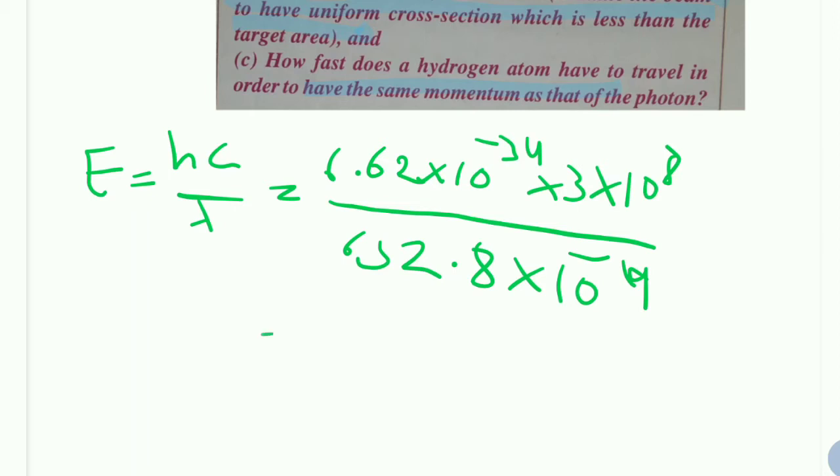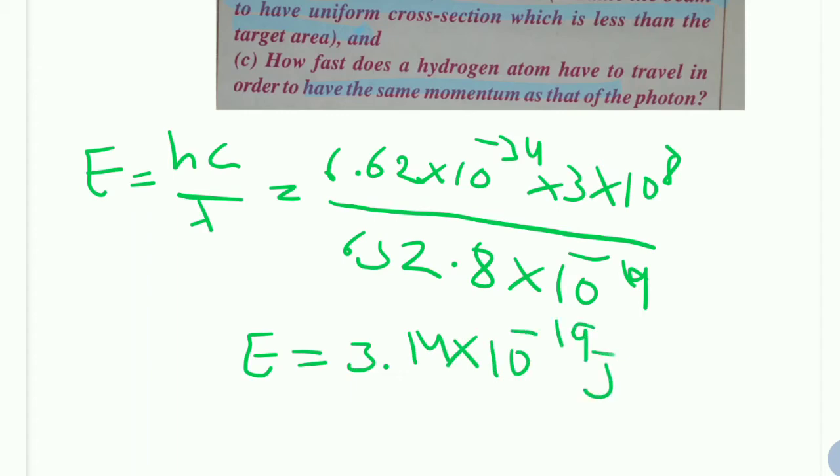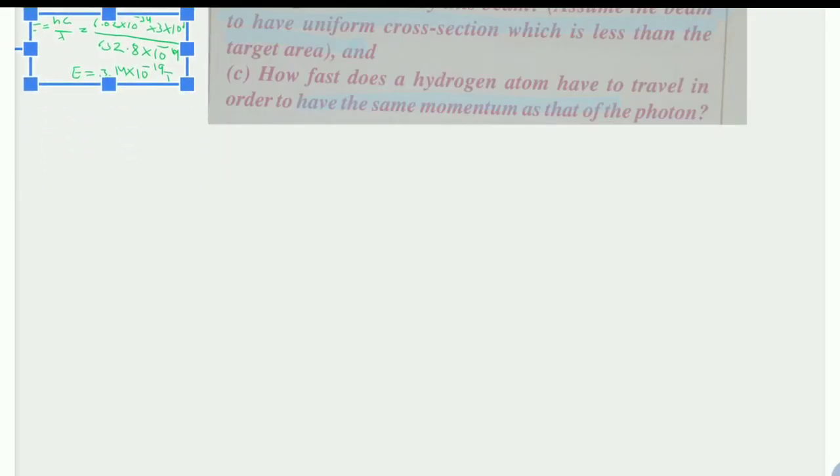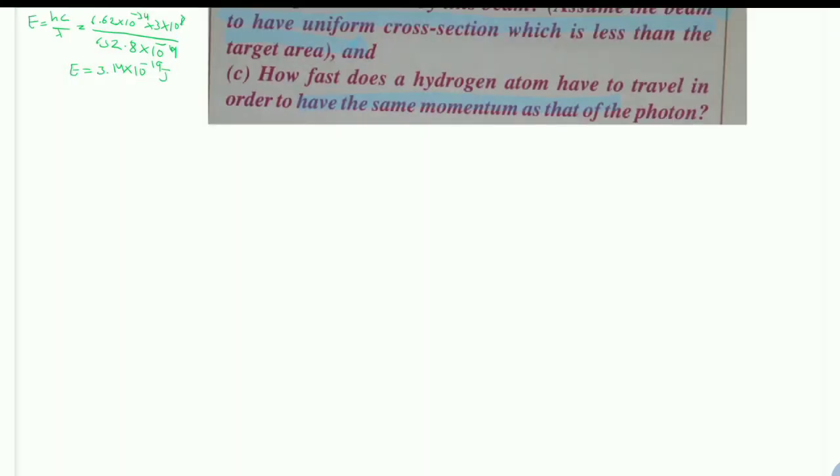Solving, energy is 3.14 into 10 to the power of minus 19 joules. So the energy value is 3.14 into 10 to the power of minus 19 joules.